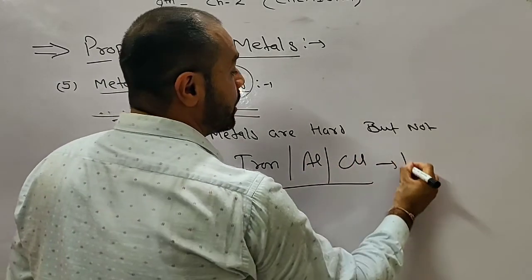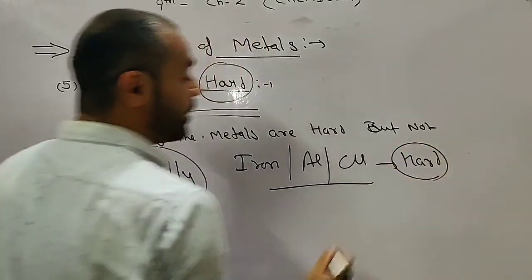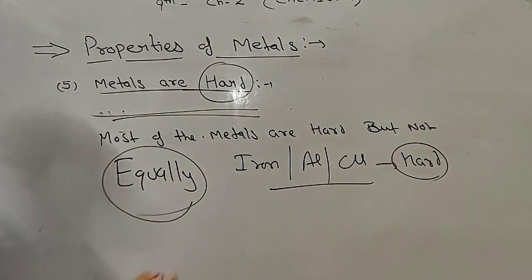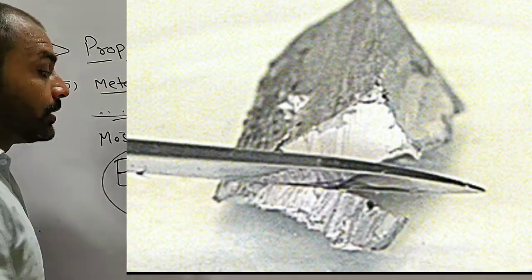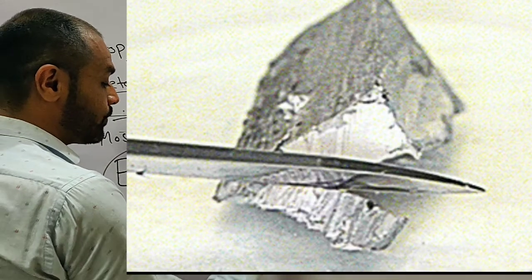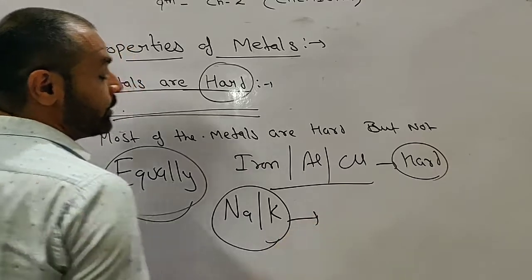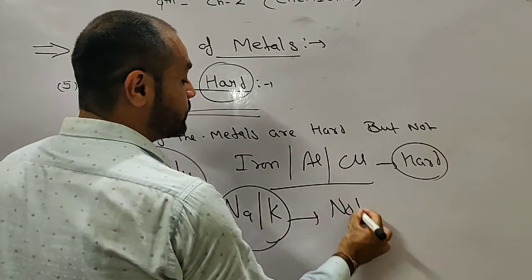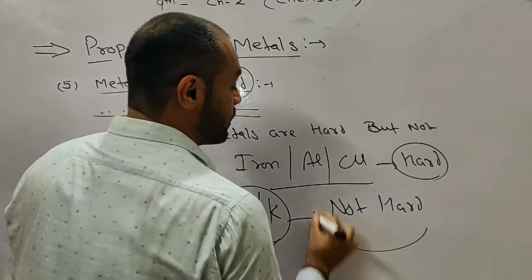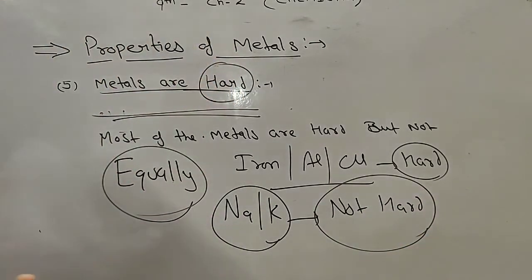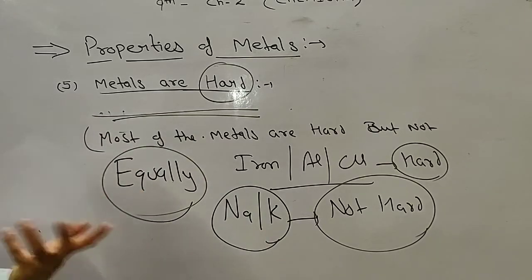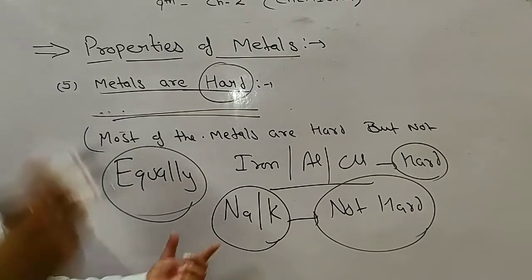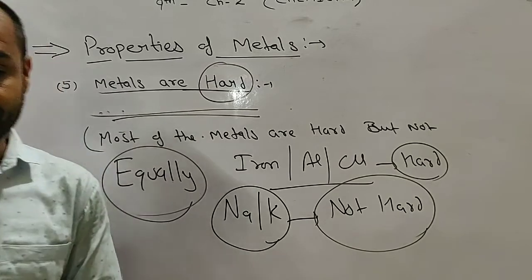These are the hard metals. But apart from this, some metals can even be cut with a knife, like sodium and potassium, which are not hard. So this is also a very good property of metals, but some exceptions are there.